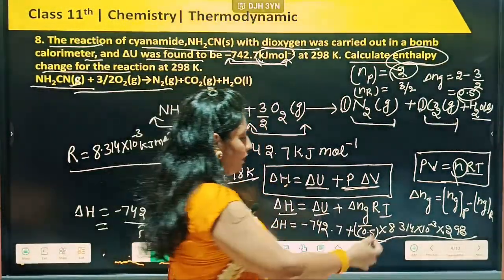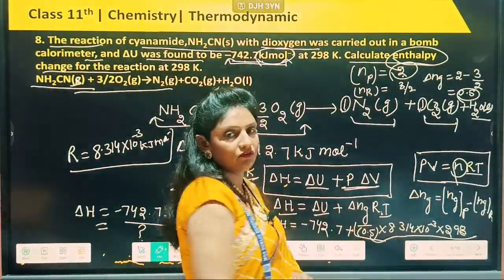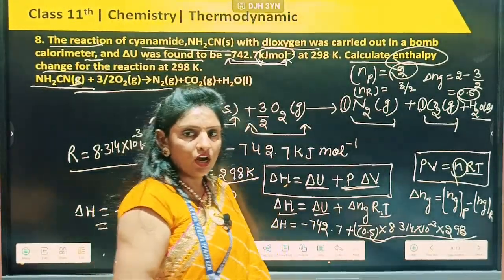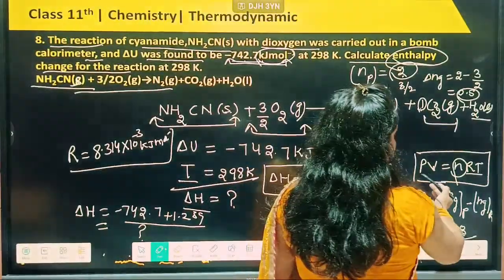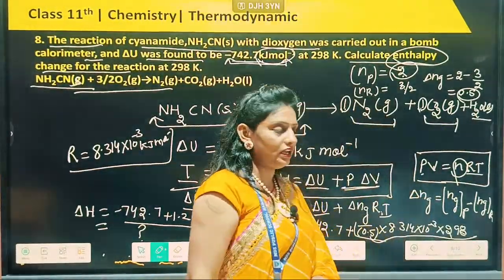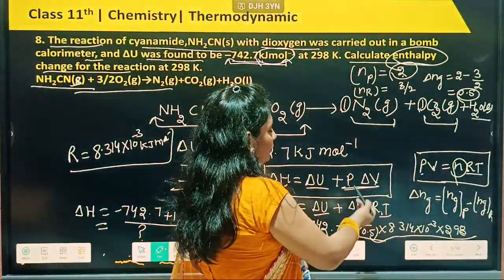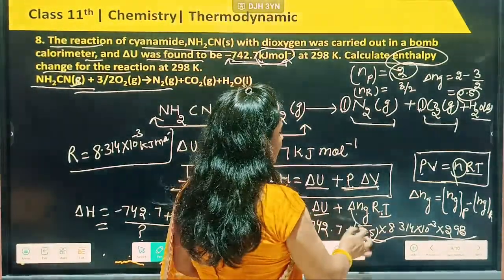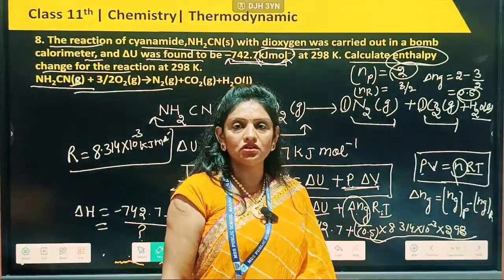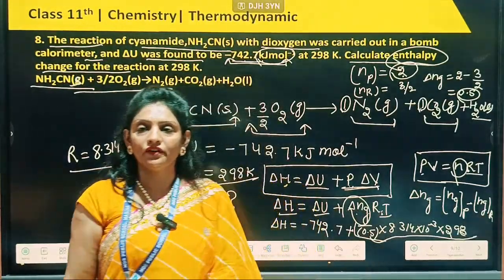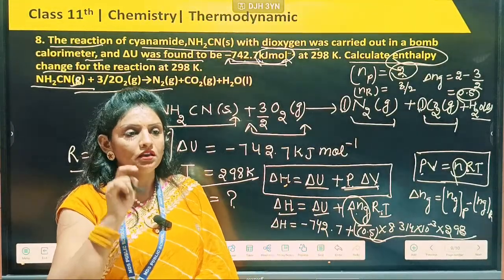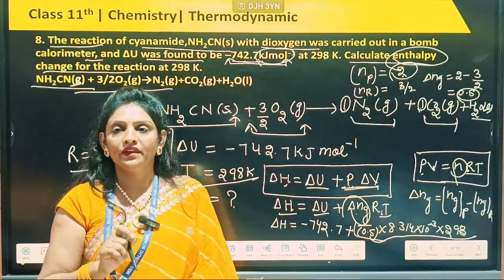Here temperature is given. So students, the other relation we also know is the ideal gas equation, PV is equal to nRT. So we can put this value. So how can we calculate the change in number of moles of gases?